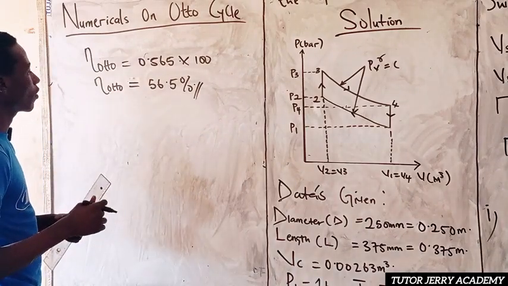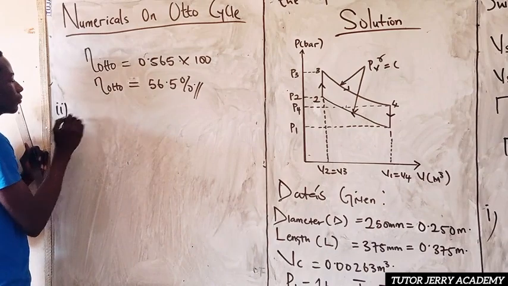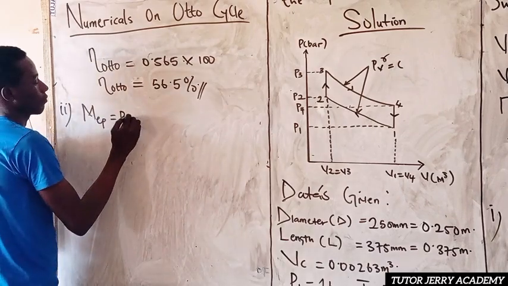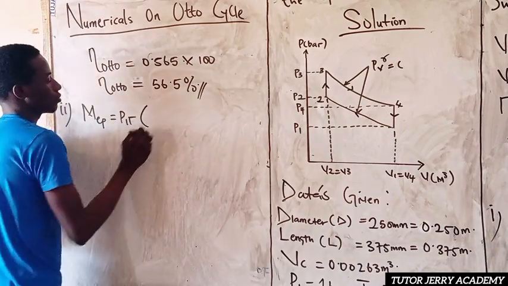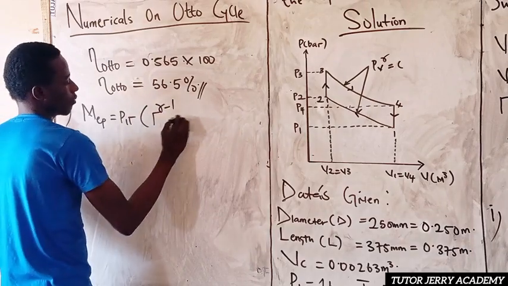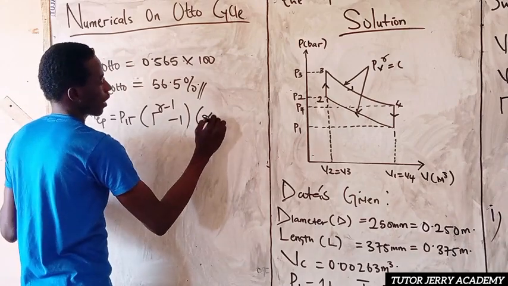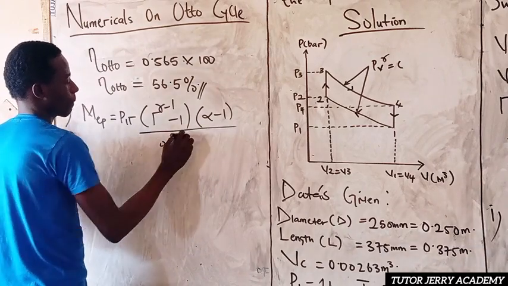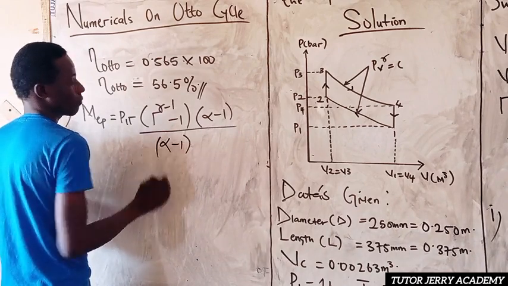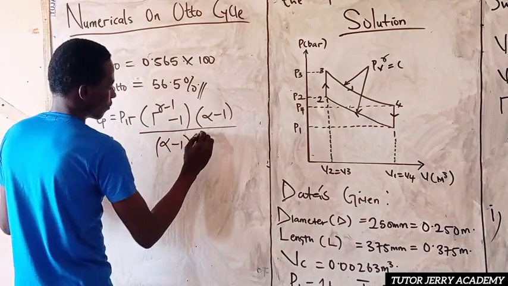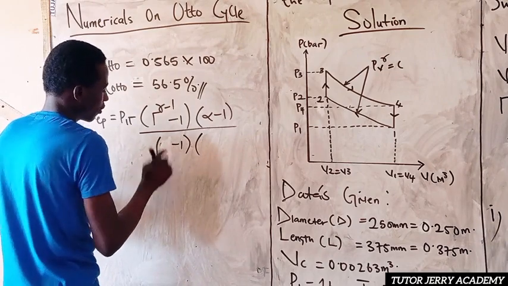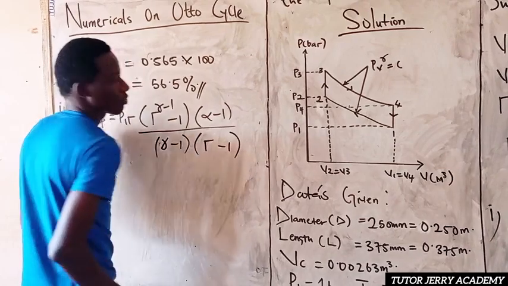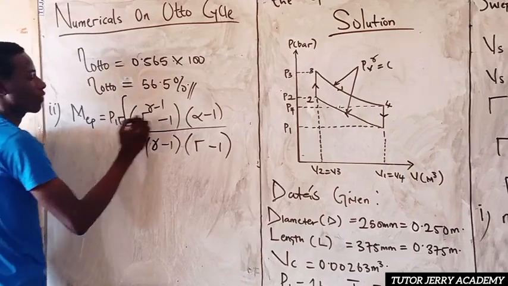Of course, we know the formula for our mean effective pressure, which is equal to P1 times compression ratio times compression ratio to the power of gamma minus 1, close bracket, into alpha minus 1, close bracket, all over gamma minus 1 — don't make that mistake — into compression ratio minus 1. This is what we have as our formula.